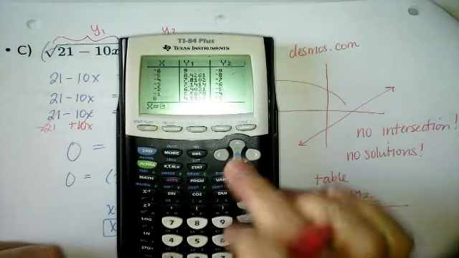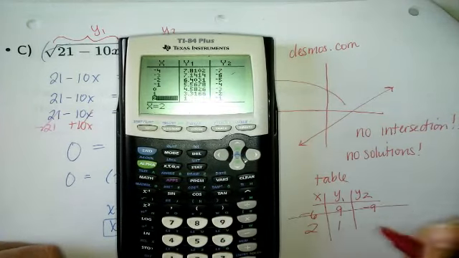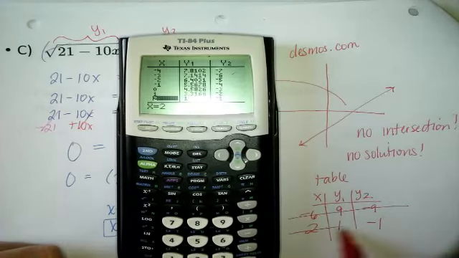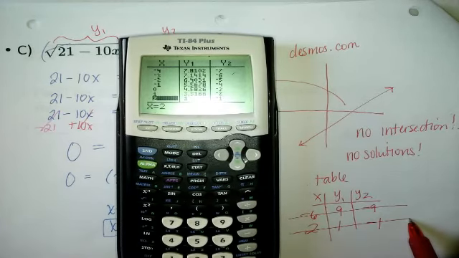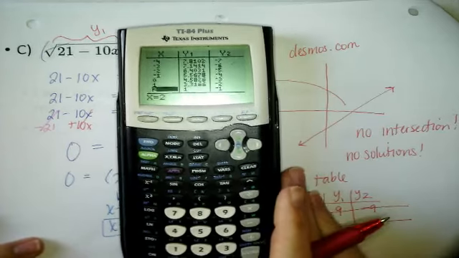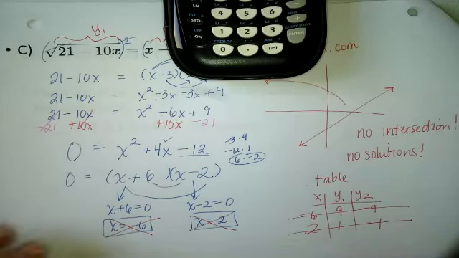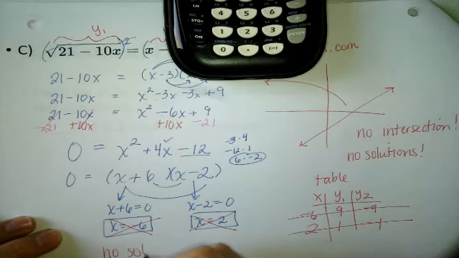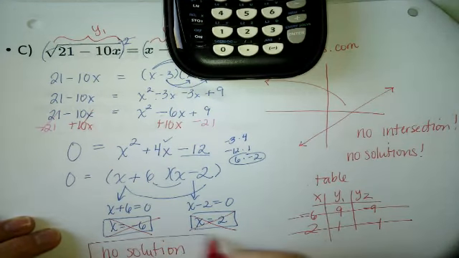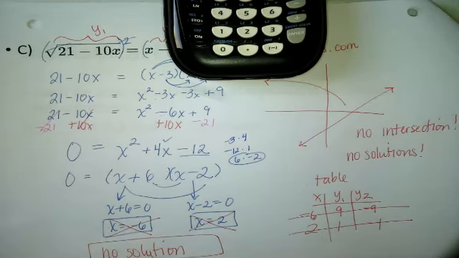And at positive 2, we have 1 and negative 1. That is also not a common ordered pair. So it turns out that both of these are false solutions. There are no solutions here. No real solution. Okay.